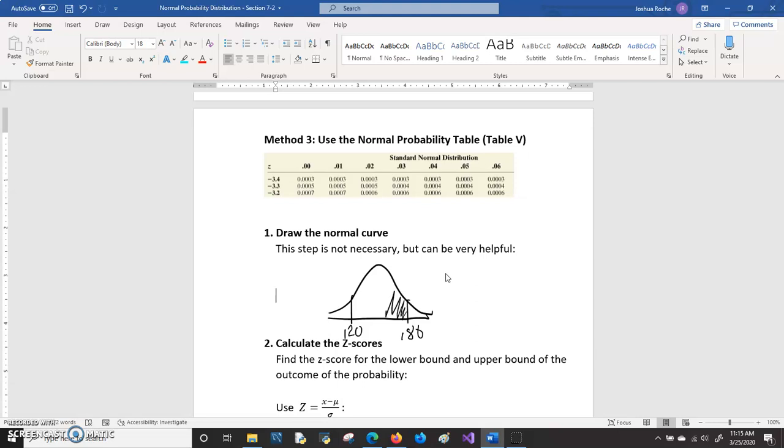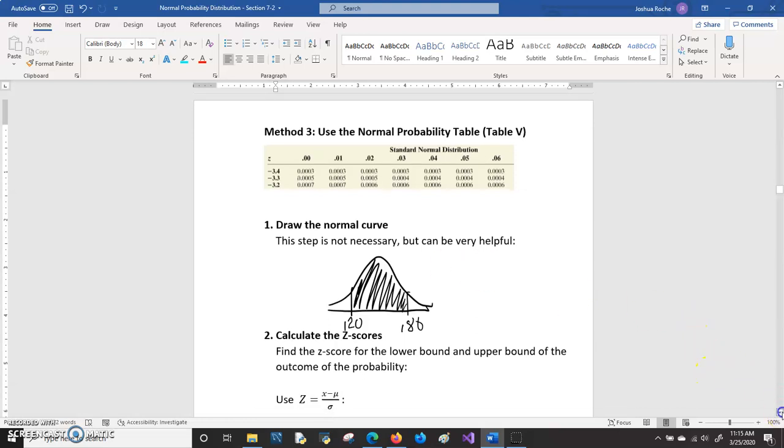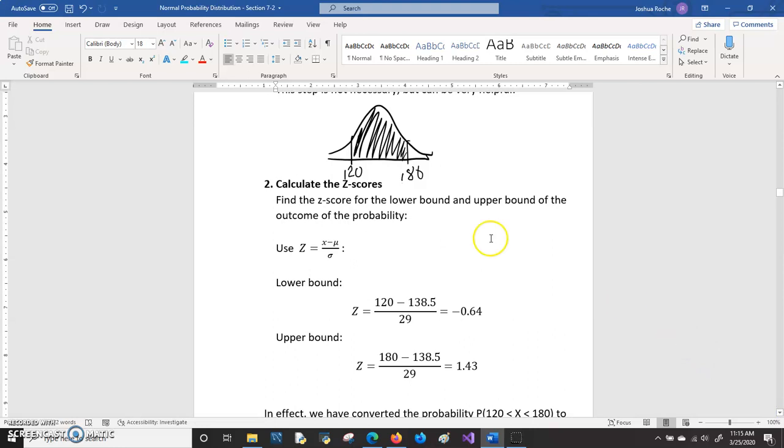We're trying to find the area between those two values. The first thing, again, is to calculate the z-scores. This time, there are two numbers we're dealing with, 120 and 180, and so there are two z-scores to calculate.